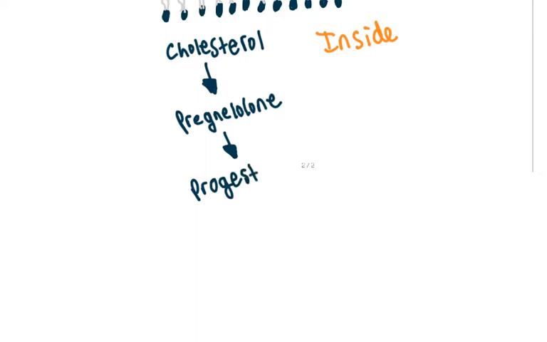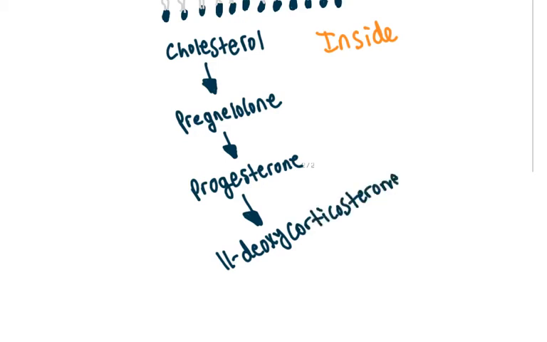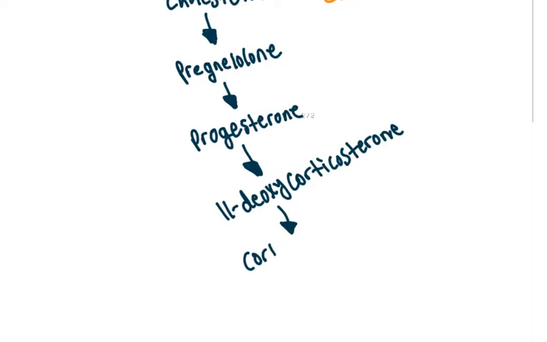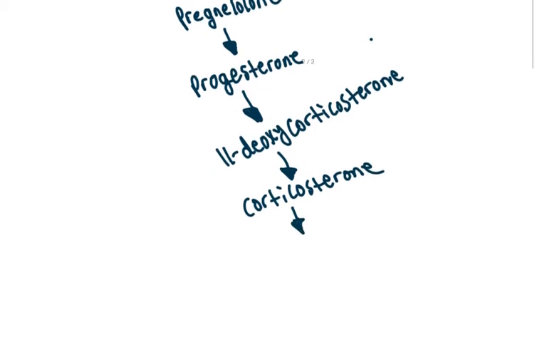Then progesterone is going to get converted into 11-deoxycorticosterone, and then 11-deoxycorticosterone is converted into corticosterone, and then corticosterone will be converted into aldosterone.